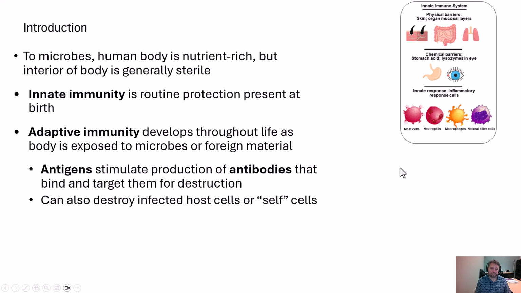The adaptive immune system is also controlled by your genes, by your genetics, but it's also adaptive to the point where if you're exposed to foreign material, it can be adjusted. And so this is the system that involves antigens and antibodies.